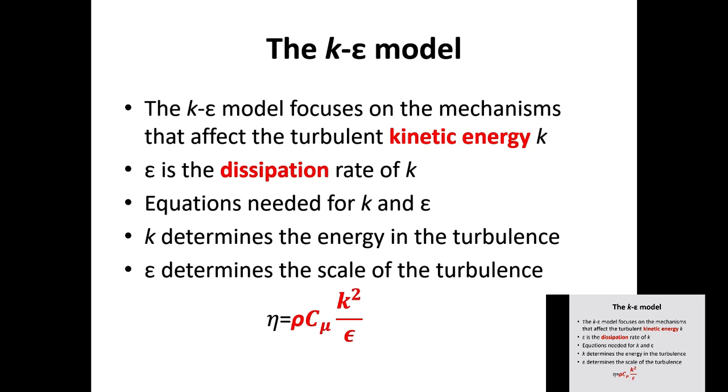But the disadvantage of k epsilon model is normally it's good for cases where you don't have swirl in it. Okay, if you have swirl in the physics, it's not that good. Okay.